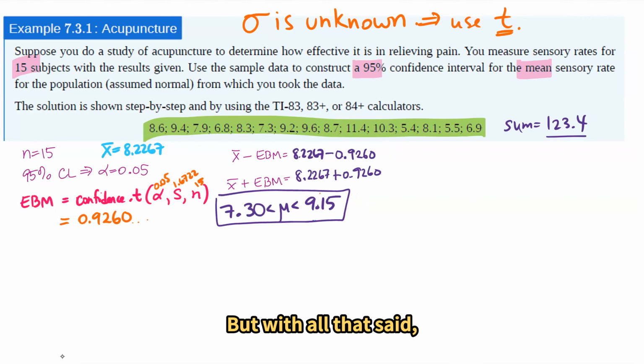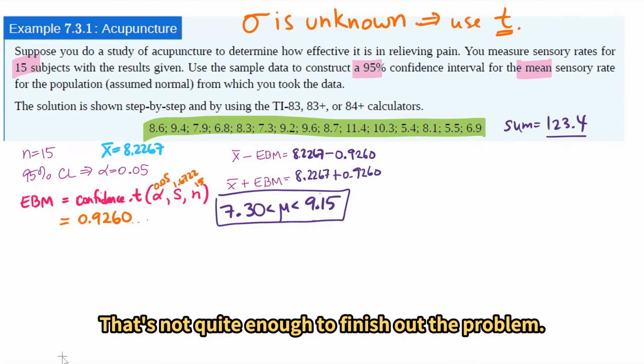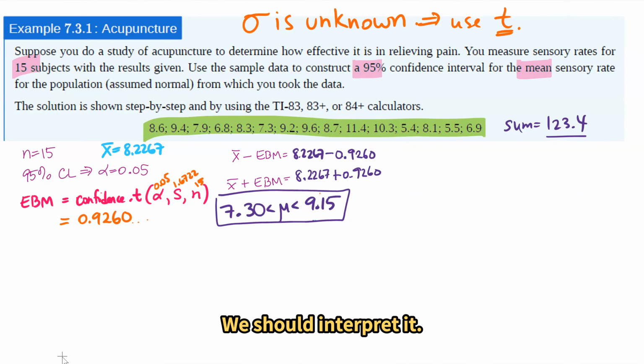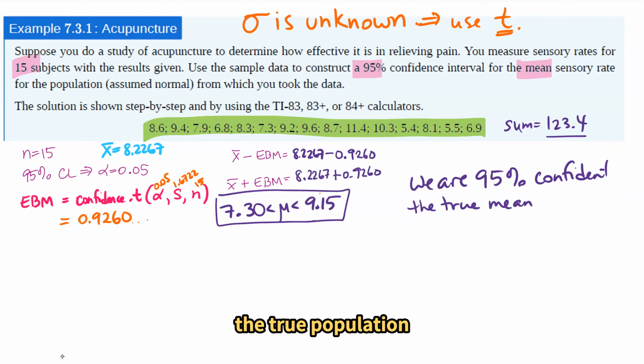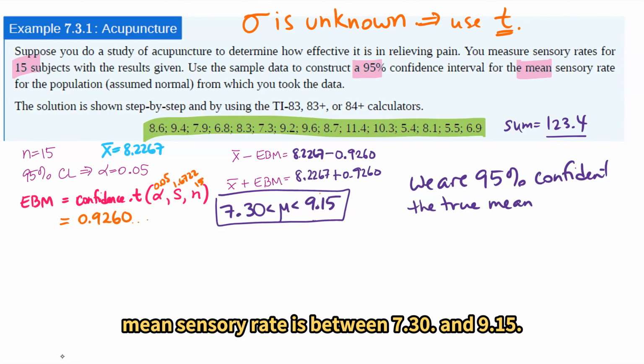But with all that said, we're not done. That's not quite enough to finish out the problem. We should interpret it. What does it mean? We can say we are 95% confident the true population mean sensory rate is between 7.30 and 9.15.